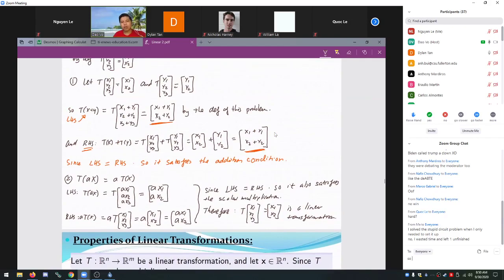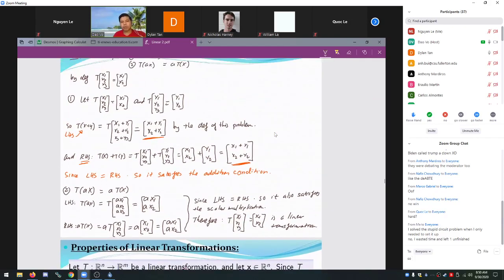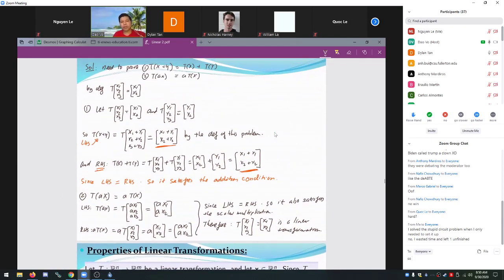So that's a picture of how we would prove something is a linear transformation.